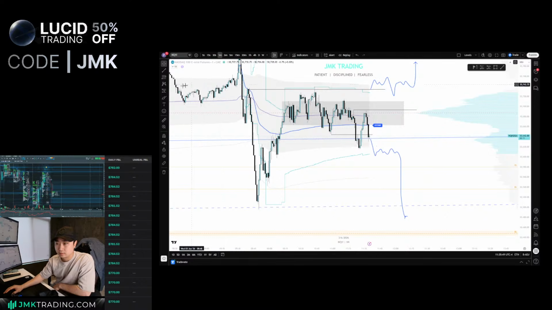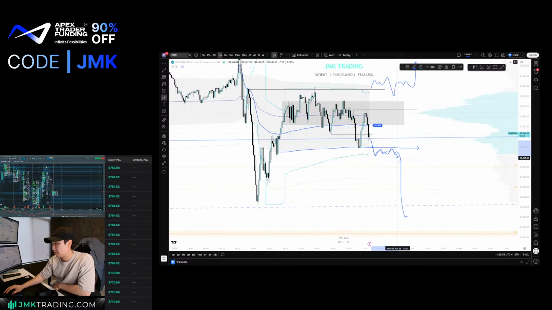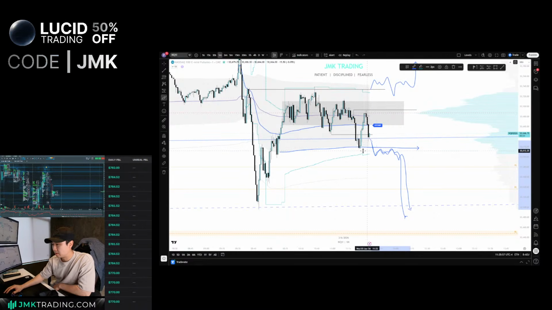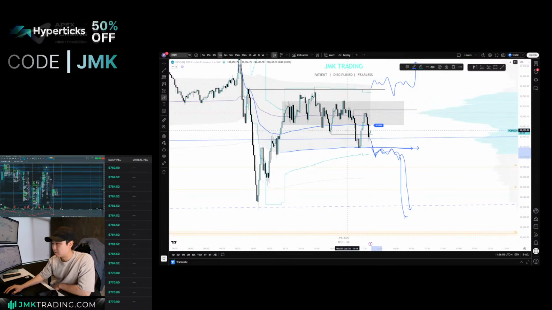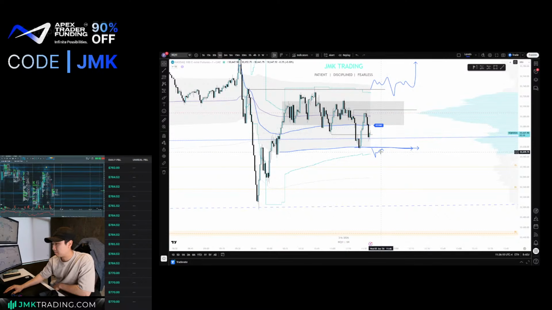Got value low. For me right here, if we break here clearly, I'd add and move my stop down. That would be my move. But you want that confirmation first.